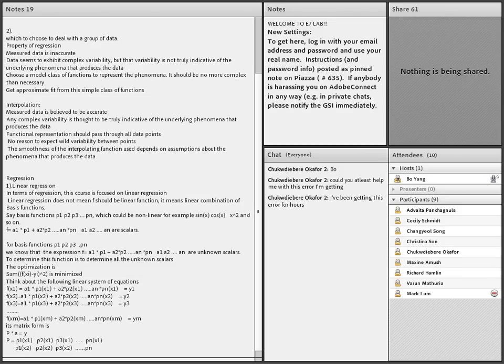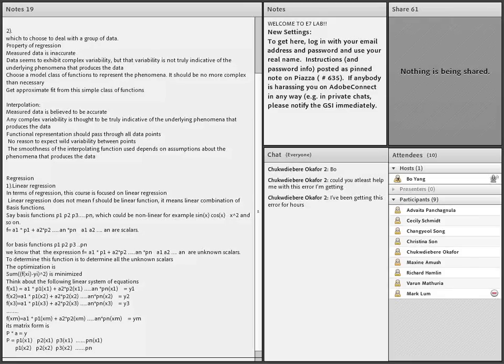To determine this function is just to determine all the unknown scalars. We said the regression is trying to minimize the sum of the square of f(xi) minus yi. So it is an optimization.